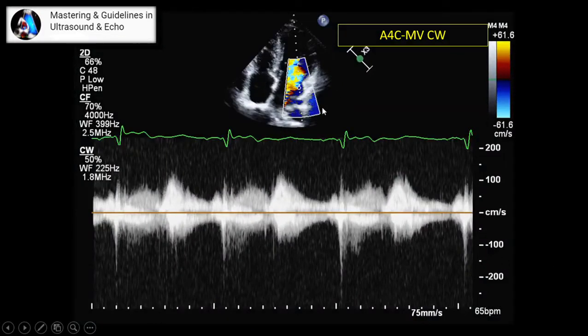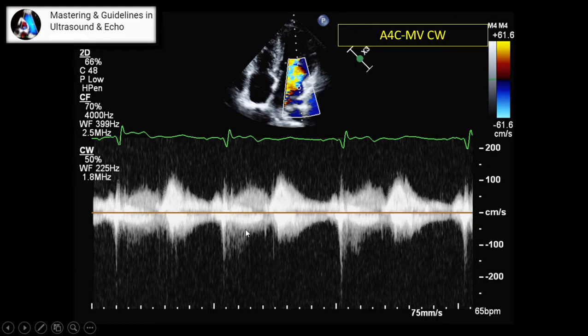Otherwise, if you don't have an abnormal jet, put it at the center of the tips of both valve leaflets, and then you do continuous Doppler. Continuous Doppler, as you know, only detects any abnormal blood flow in that area of interest, and you check all kinds of flow along that line.